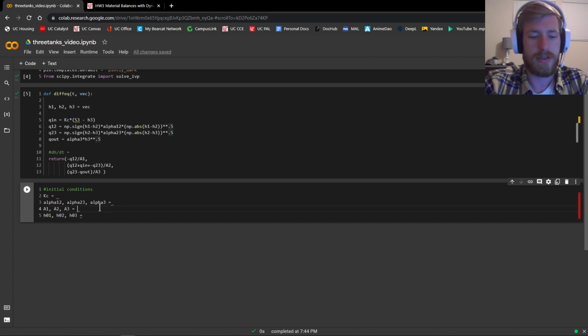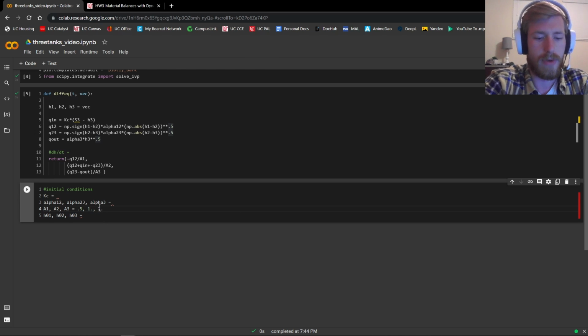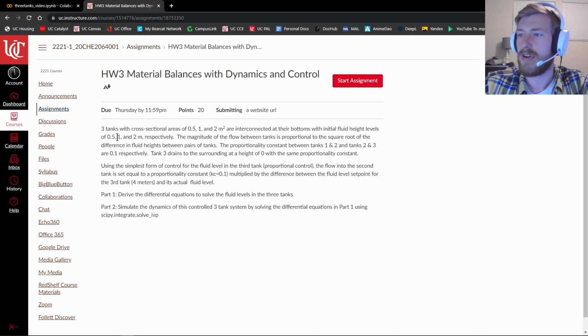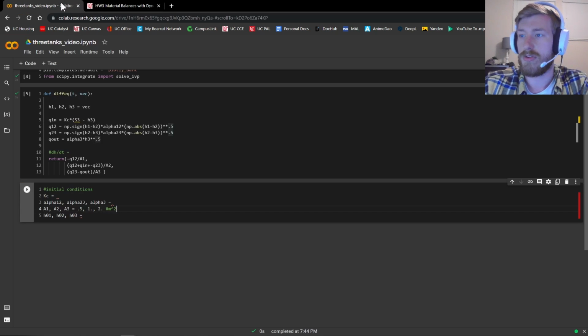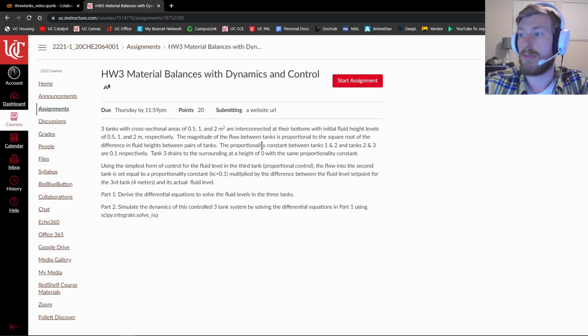So cross-sectional area is 0.5, 1 point, comma, 2 point, and I'll put right here meters squared. We also have the initial height is 0.5, 1, and 2 meters. So I'll make sure to put that 0.5, 1 point, 2 point, and then parentheses meters. And we also have a proportionality constant, our alpha, between 1 and 2 and 2 and 3 of 0.1. And then tank 3 draining out has the same proportionality constant.